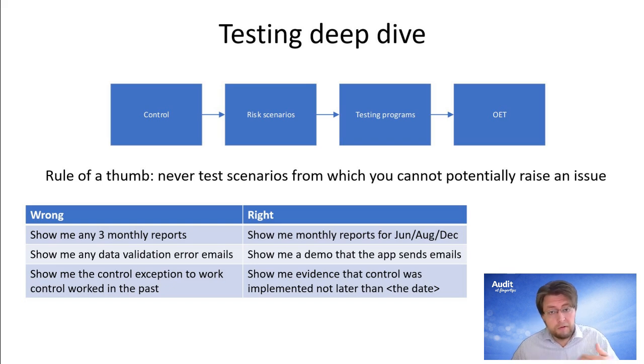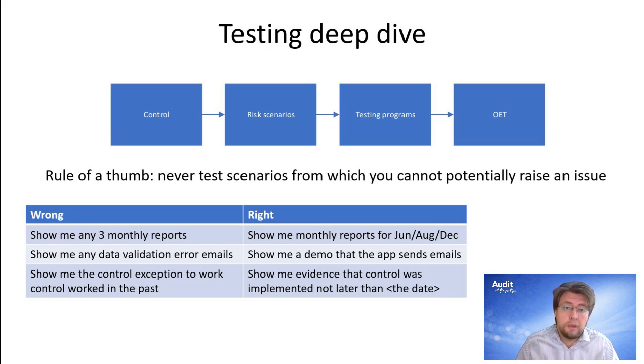In that case, the right request would be to show monthly reports for specific months. The sampling size, of course, should match your methodology. If something is not done in June, August, or December, you will notice that and raise an issue from that.